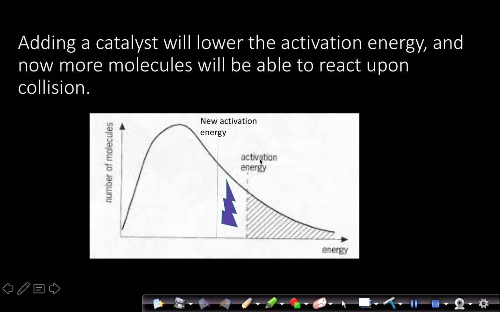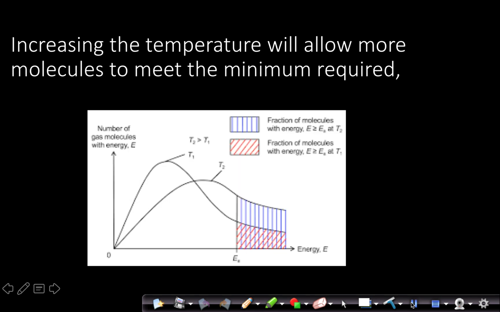So adding a catalyst is like lowering the standards. By lowering the requirement of activation energy, we now include more molecules that can collide with a successful collision based on activation energy. Don't forget that we still do need to have proper orientation according to the collision theory, but at least if there are more molecules with enough energy, part of that will be met when a catalyst is added.